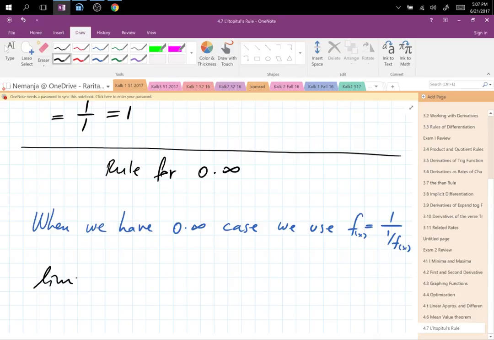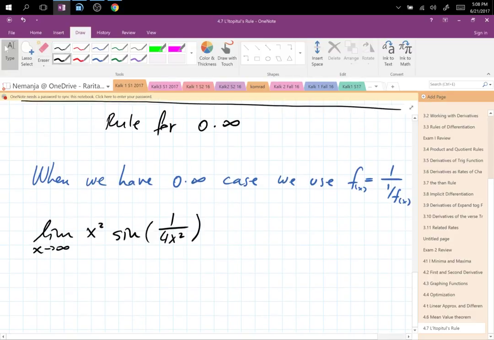Well, we'll go solve 2 examples and you will enjoy it, I guess. So here it is, x squared sine of 1 over 4x squared as x goes to infinity. Clearly x squared is the term that will go to infinity, and when you divide 1 by infinity you get 0, and sine of 0 is 0.